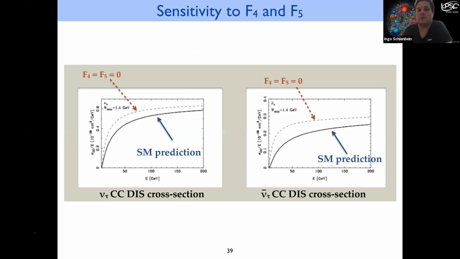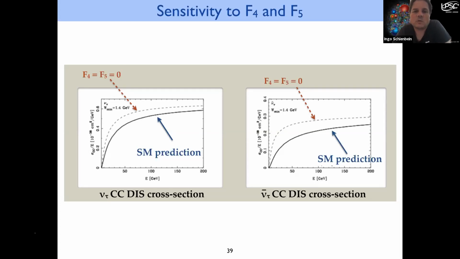And then you can actually see, this is untested. If you calculate this cross section, the charged current cross section divided by the energy on the y-axis as a function of the incoming neutrino energy, the dashed line would be the cross section if you neglect F4 and F5, and the solid line would be the standard model prediction.